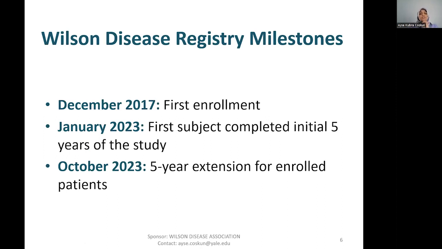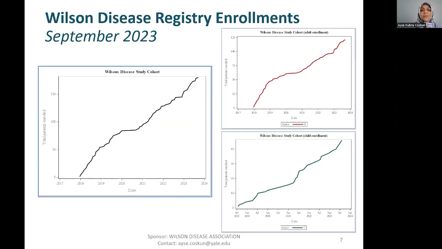Our first patient was enrolled in December 2017 and completed the initial phase of the study as of January 2023. And with the generous and continuous support from Wilson Disease Association, the 5-year extension for enrolled patients has been approved as of the beginning of this month. Currently, 180 patients have been enrolled to the registry.